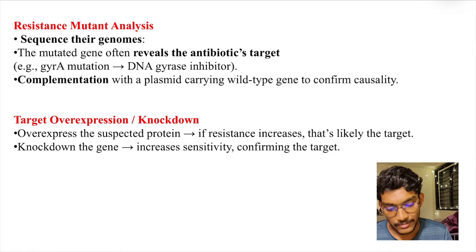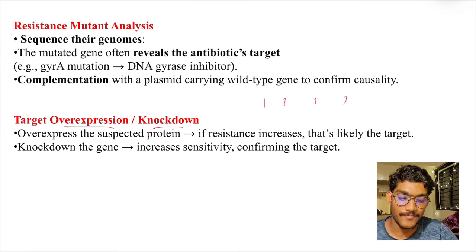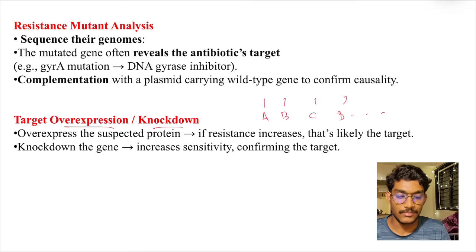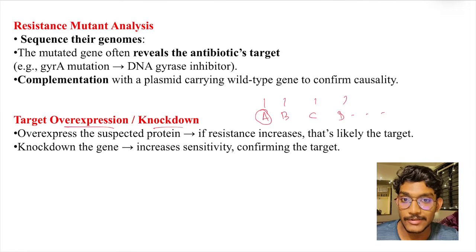We can perform an overexpression or knockdown experiment. Suppose there were 10 mutations in the resistant strain. There were, suppose, protein A, protein B, protein C, protein D, and so on. First of all, we overexpress protein A in the susceptible strain, like the wild type strain.